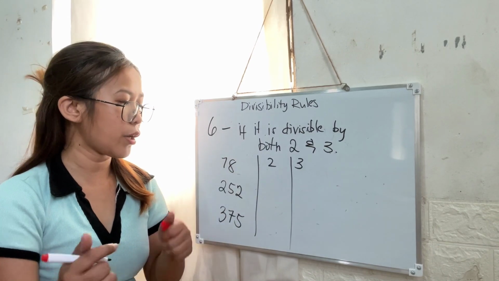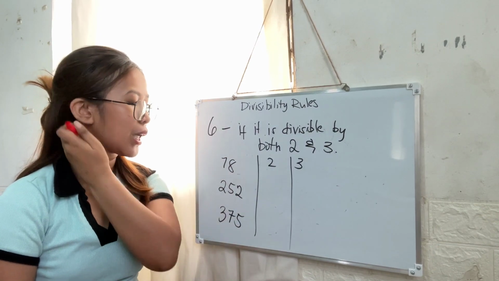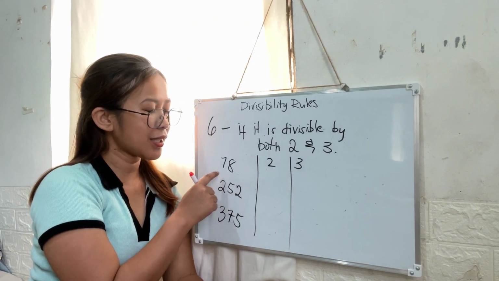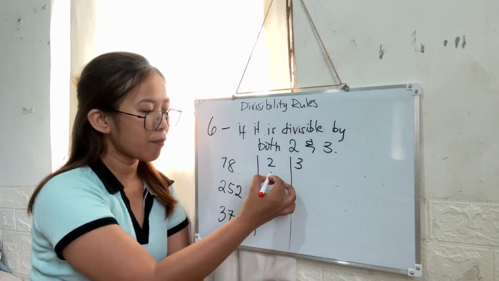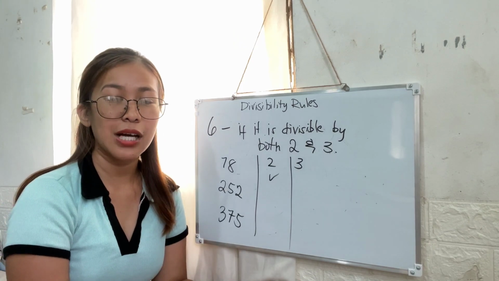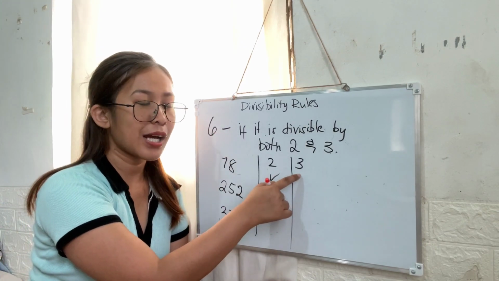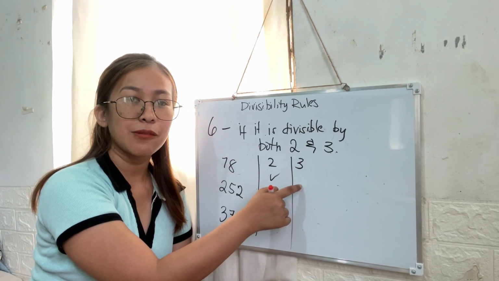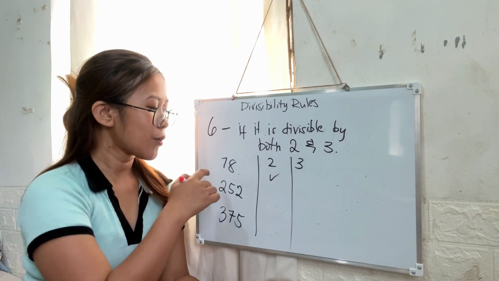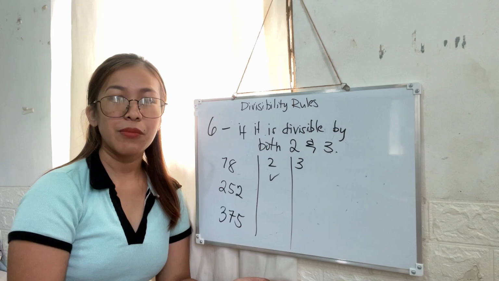So, let's have a number here. 78. Okay. 78 is actually divisible by 2, check. But, hindi pa natin masasabi kung divisible siya kay 6 because kailangan pa natin i-confirm if si 78 ba ay divisible by 3. Okay? So, again, paano malalaman kung ang number divisible by 3?